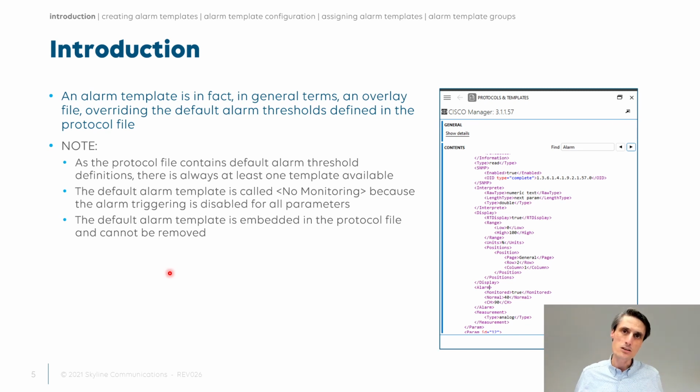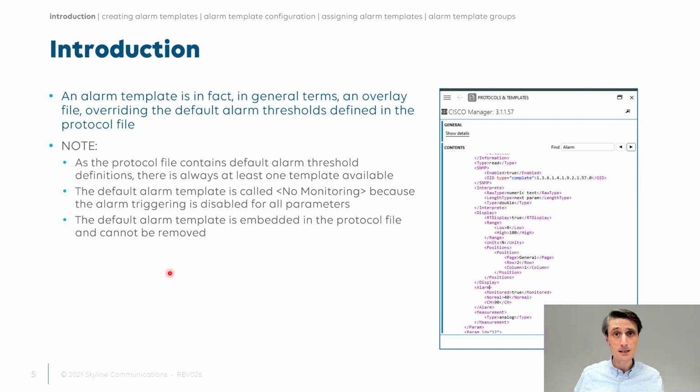But we do want to change certain things. We already discovered in the protocols module that you can create an overlay, an information template, to overrule certain things like the name of a parameter. The alarm template is a little bit similar, where you can define your own perspective, your own view on which parameters need to go into alarm at which point in time.